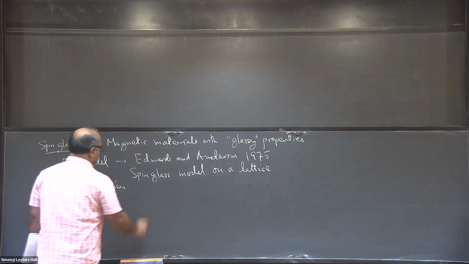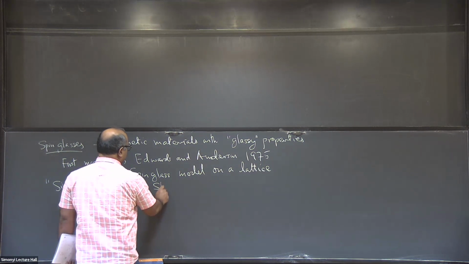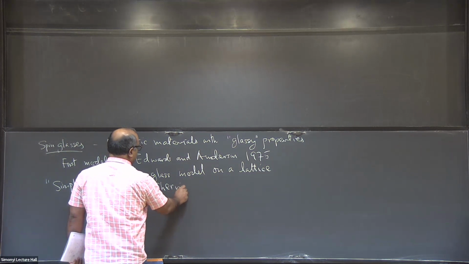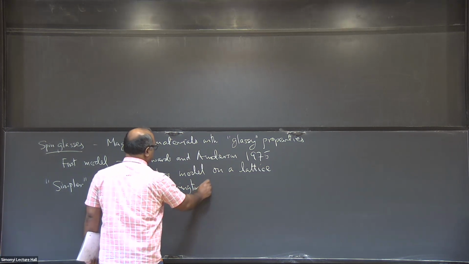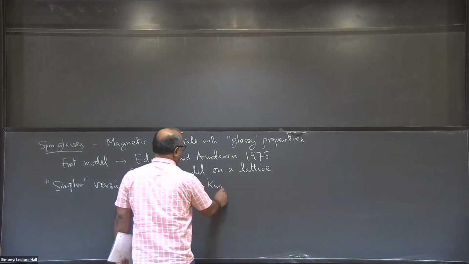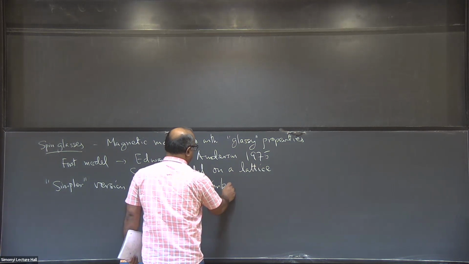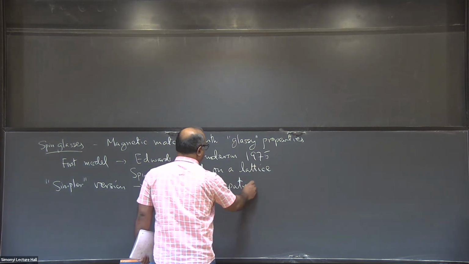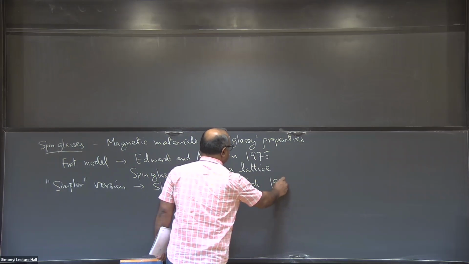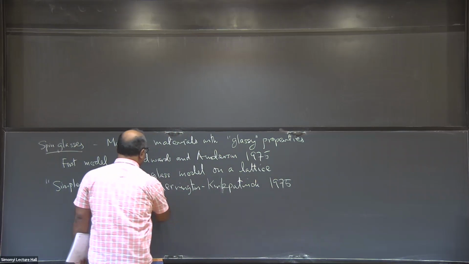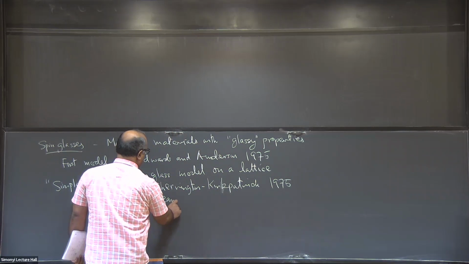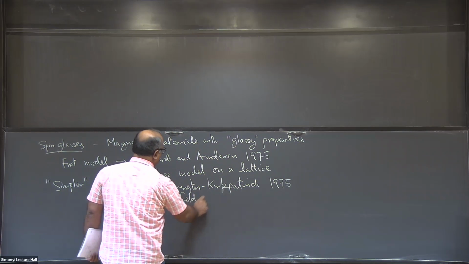The simpler version came soon after, in the same year: Sherrington and Kirkpatrick, also 1975, and this is the mean field model.